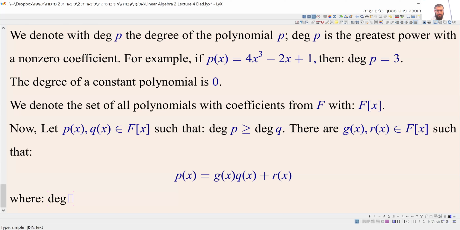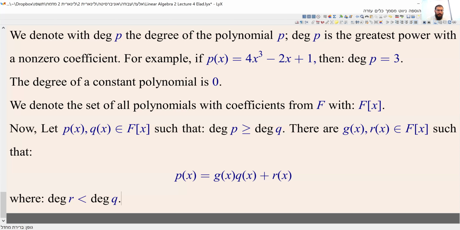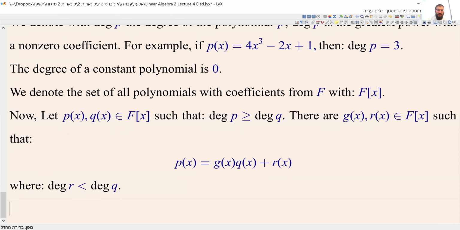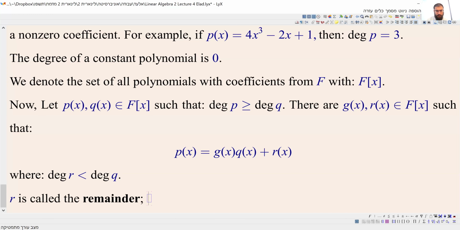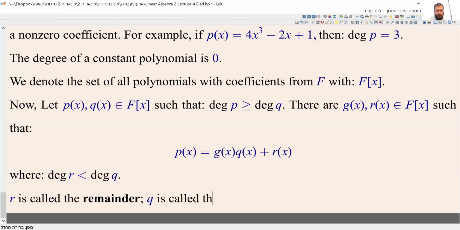The degree of R is smaller, not just equal, it's smaller than the degree of Q, and R is called the remainder, and G is called the quotient. That's all right, write it down.